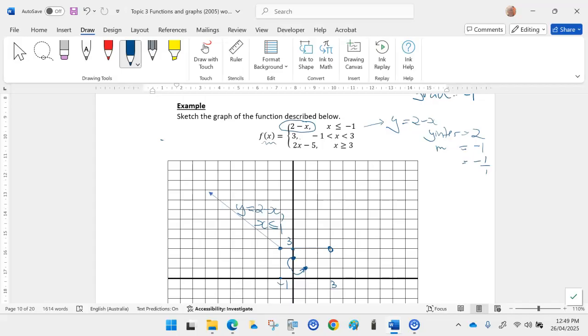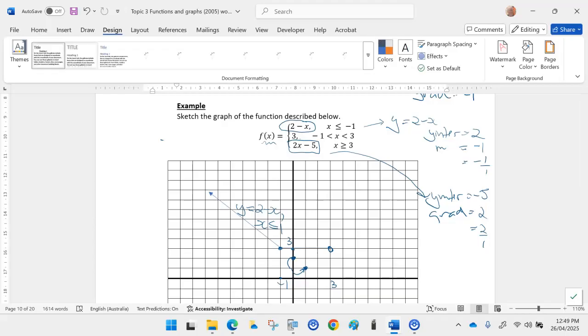Now the last bit is this, f(x) or y is equal to 2x minus 5. Now what do we know about that? Okay, sidebar. So this one, the y-intercept is -5. The gradient is 2, or 2 over 1.